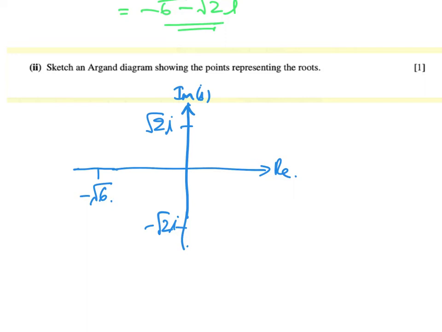So let's plot the points: first one, second one, third one. So there you go. I'll label this as Z1 and this as Z2. Okay, that's done, and that will be theta 1, and that's theta 2.